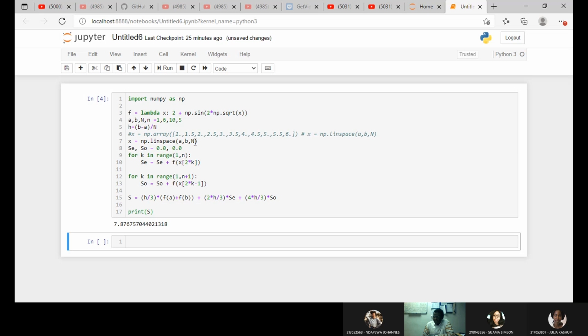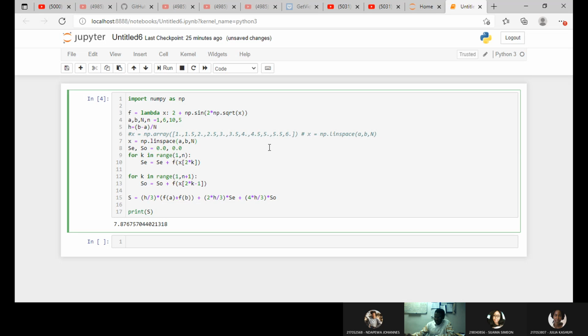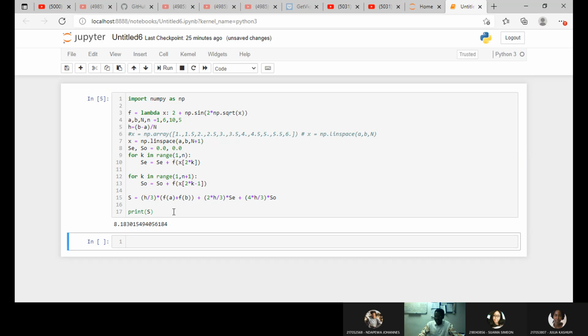Or maybe here we divide by 10 minus 1. So maybe let's see if I add plus 1 here. Anyway, everything is fine.